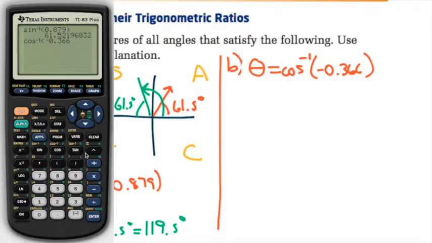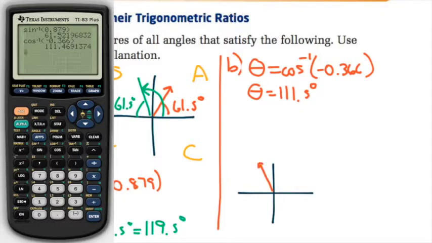We get 111.5 degrees. Go to the XY axis, and 111.5 would be roughly here. Put on CAST while we're at it.